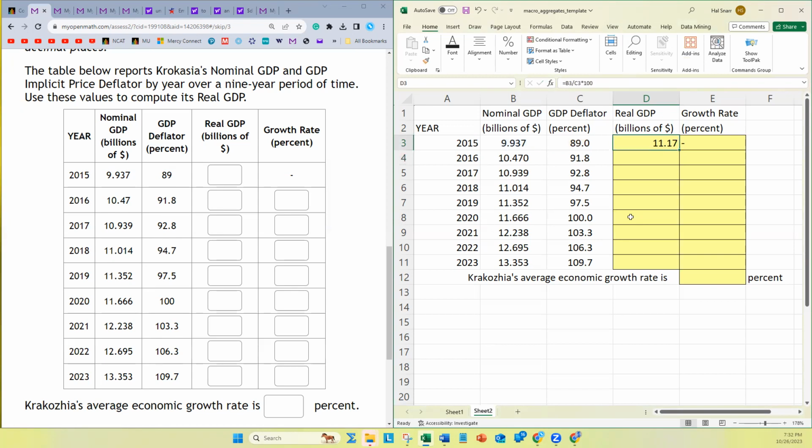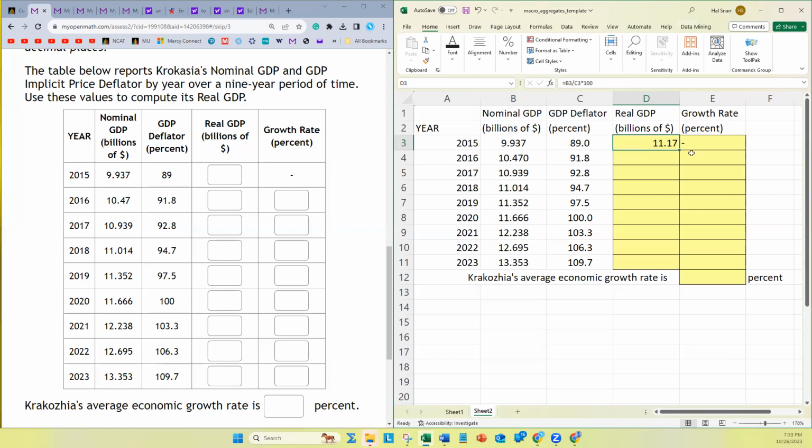Okay. So notice that nominal GDP is 9.937. It's 11.17. It's higher. So what we've done is we've valued it in 2020 dollars, right? By dividing this by that.